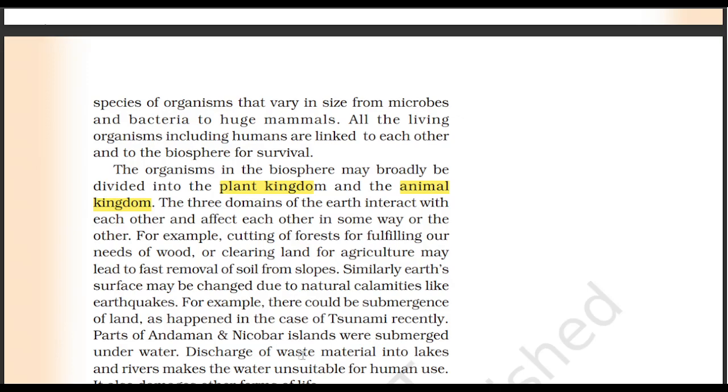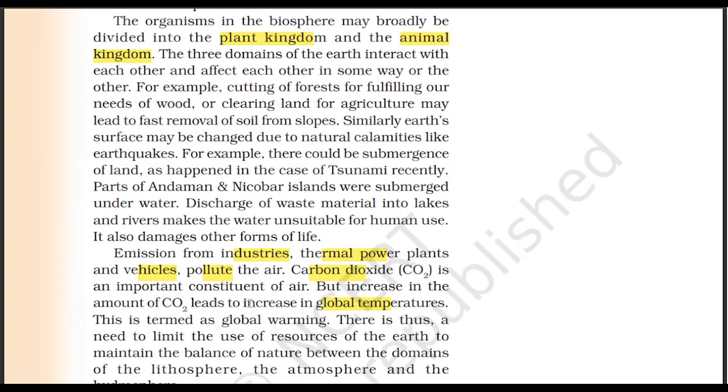As I said a moment before, carbon dioxide absorbs the outgoing radiation from the earth's surface and warms the earth, but when the carbon dioxide amount increases in the atmosphere, it absorbs more energy from long wave radiation and warms up the earth's surface more. That increases the average temperature of the earth, which is known as global warming.